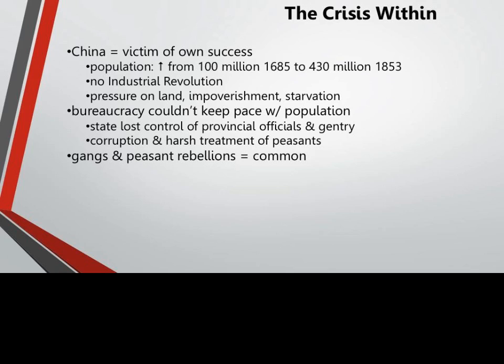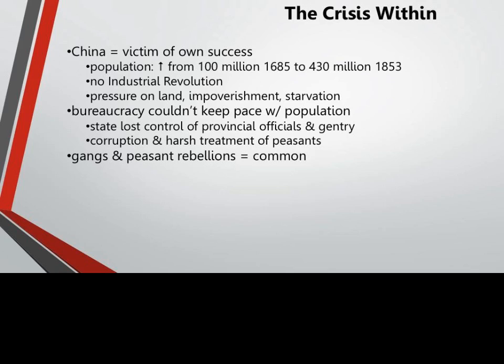All right, the crisis within. China, well, to a large degree, was really a victim of its own success. The population had grown from approximately 100 million in 1685 to approximately 430 million in 1853. And China didn't really have an accompanying industrial revolution during this time.